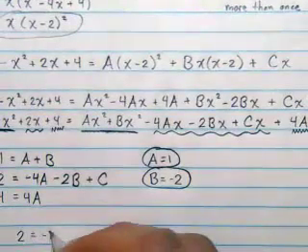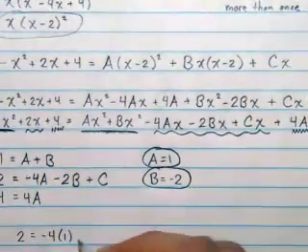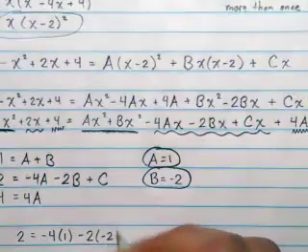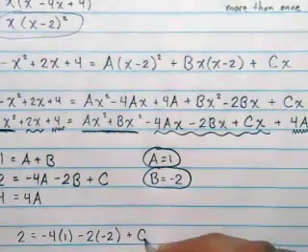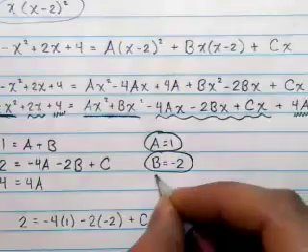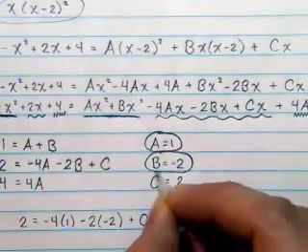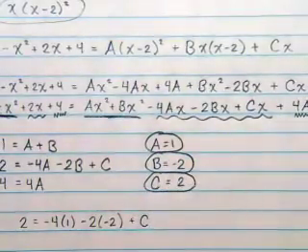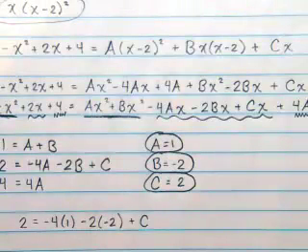So 2 equals negative 4 times 1 minus 2 times negative 2 plus C. So that's negative 4 plus 4. Oh, that kind of works out nice anyway, doesn't it? So what is C? 2, yeah. All right, so we got the A, the B, and the C, which is what we need.